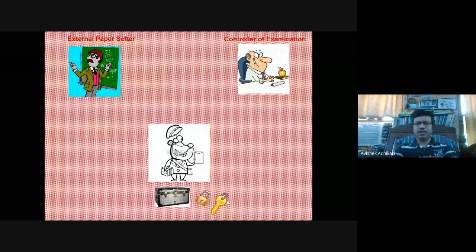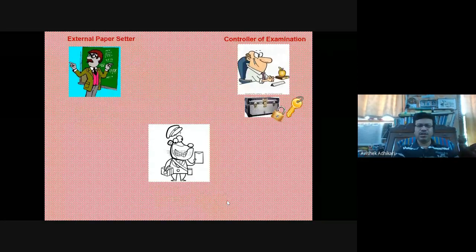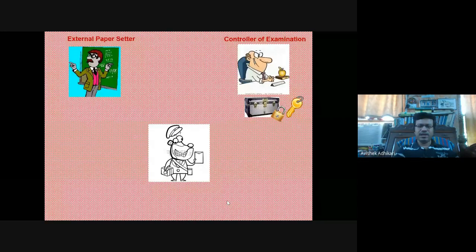As usual, the controller of examination has his own box, lock and key. Now he sends the lock and key to this postman, but the postman in between produces a similar looking lock and key. He keeps the lock and key given by the controller of examination and replaces them with his own pair.